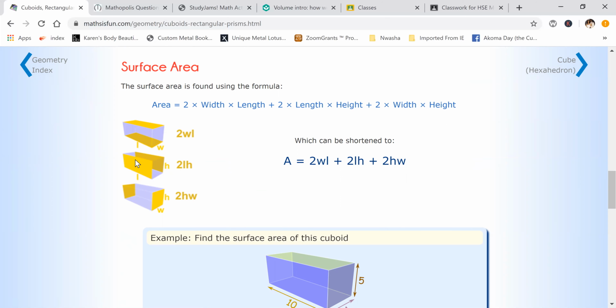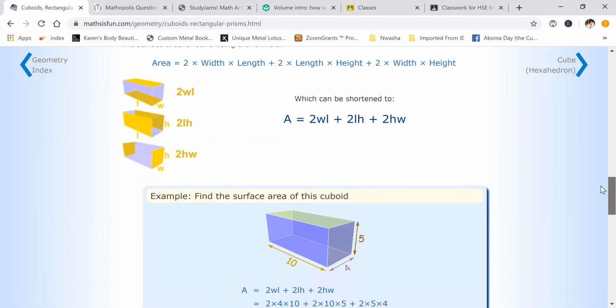Once you multiply the length times the height, you're going to multiply that times 2 also because that's the left and the right. Then this one is the width and the height, but it's the front and the back. So once you figure out one of them, you're just going to multiply it times 2. So really when you're doing something like this, you just have to figure out the 3 different sides that there are and double it, or figure out each one and double it as you're going.